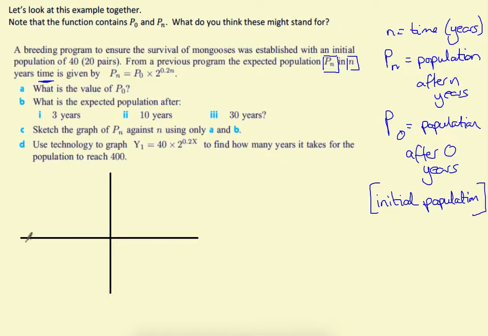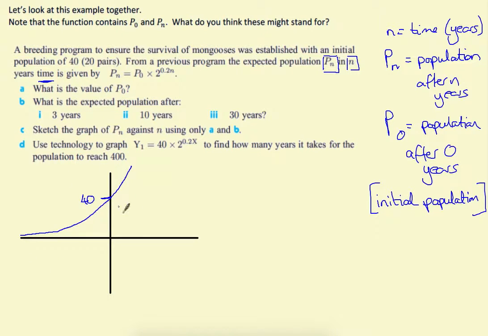We'll see that it seems to have an asymptote around the x-axis, so I haven't gone through the x-axis. It doesn't cross the y-axis at 1 because of this stretch. It crosses it at 40. That's what we found out in part A.